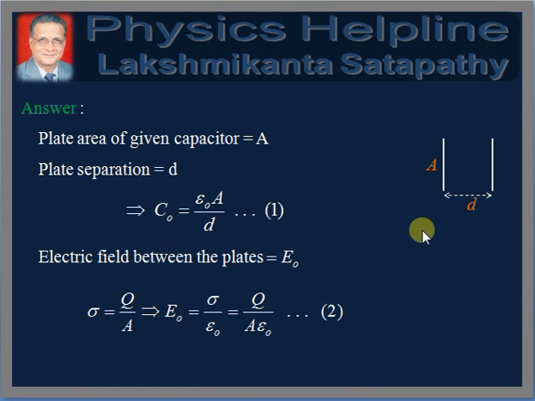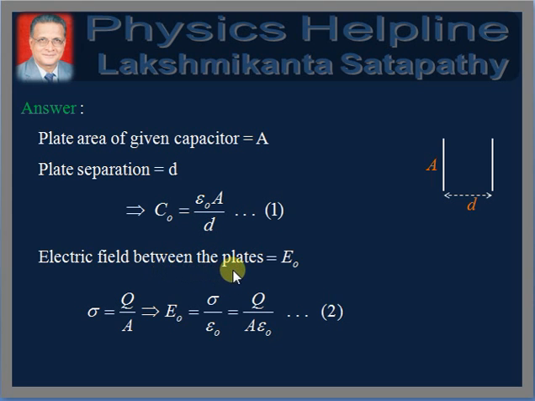Now for the answer. The parallel plate air capacitor is shown in the figure. The plate separation is given as D. Let the plate area be A. Then its capacitance C0 is given by epsilon 0 A by D by definition.